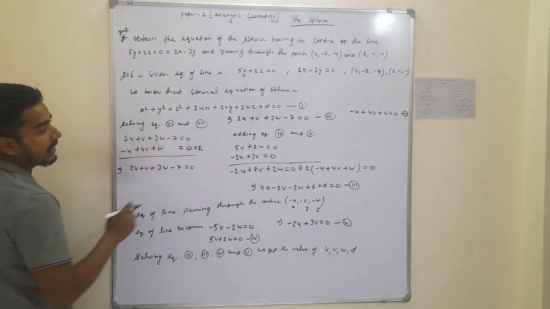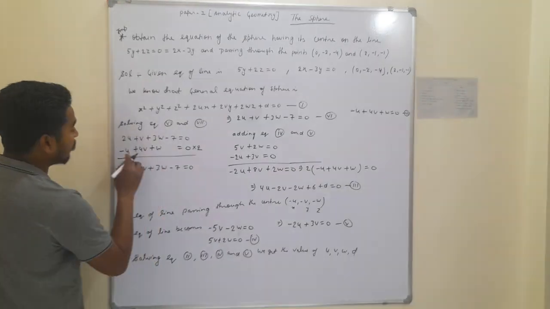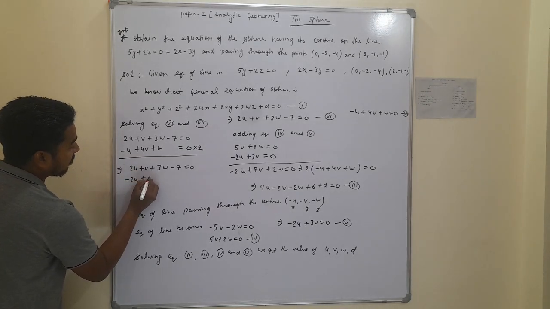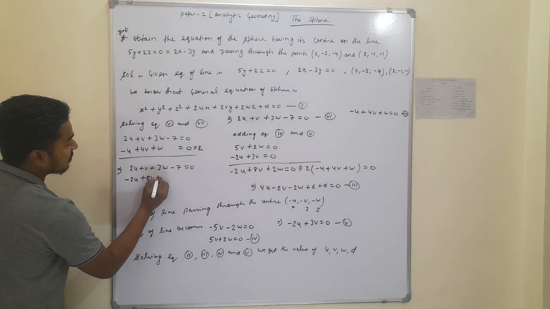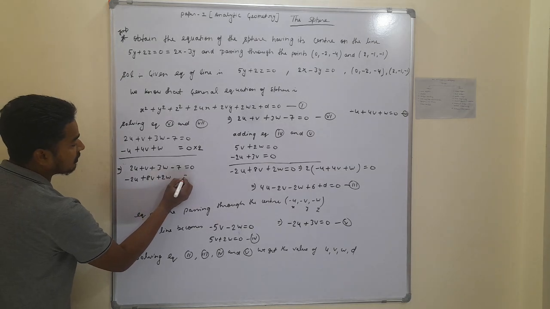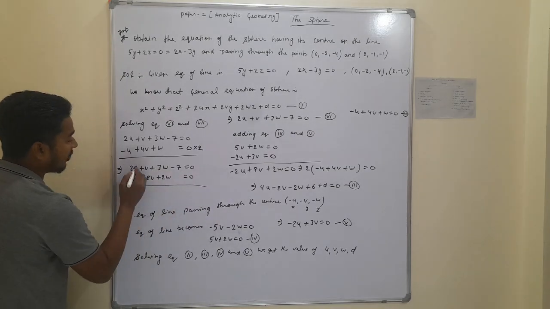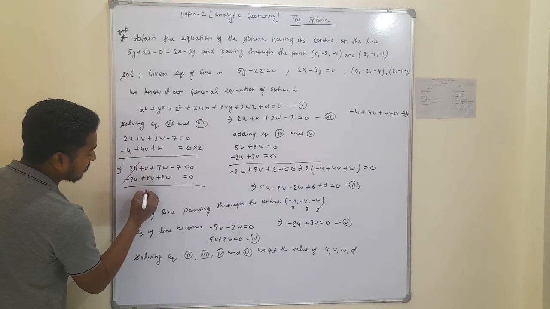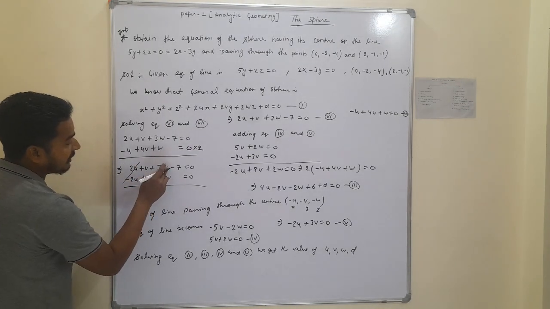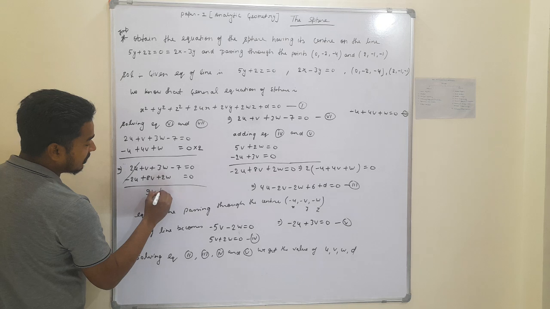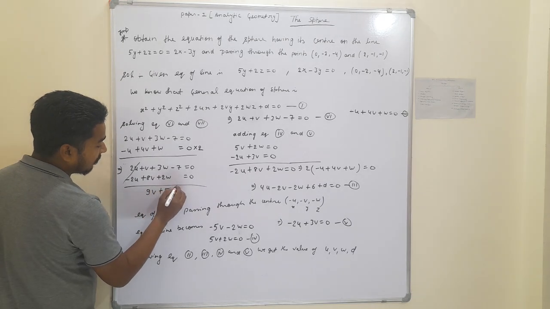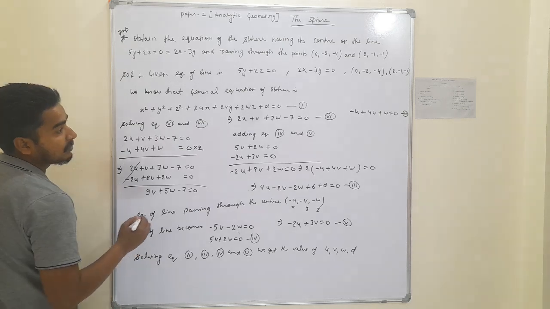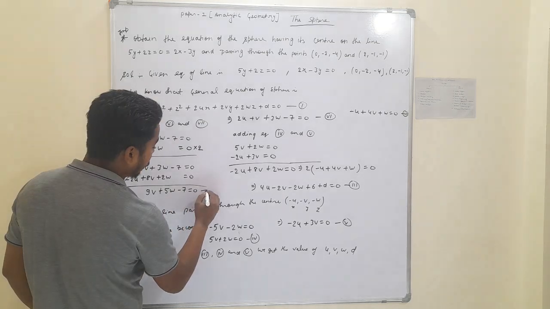When we multiply equation 7 with 2, we get minus 2u plus 8v plus 2w is equal to 0. Adding here, plus 2u minus 2u cancels out, and 8v plus v is 9v, 3w plus 2w is 5w, and minus 7 is equal to 0. Let this be equation 8th.